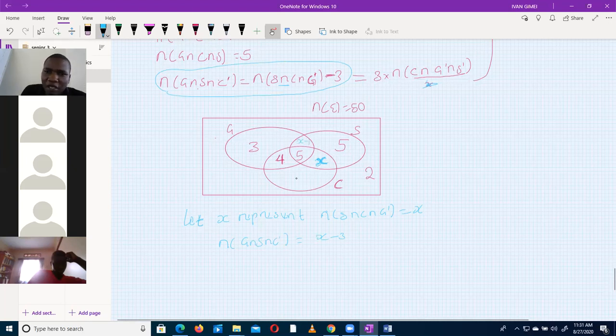Then what will be in C only? Let's be faster.